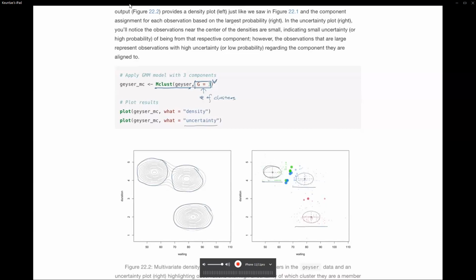So this clustering shows that the uncertainty is very small within this cluster. At the same time, you can think of X as the waiting time and Y as the duration as the outcome.